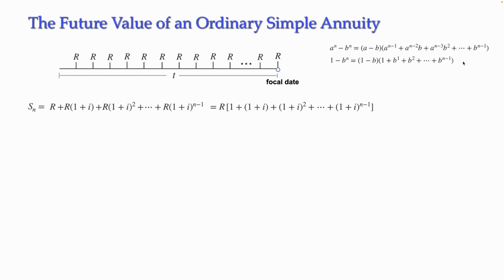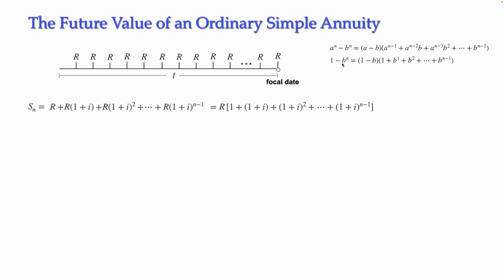See this, and you will notice that it is very similar to this. If you want to know the value of this factor that has all these powers of b, the sum of all these powers of b, you just need to divide the expression by 1 minus b. So the factor whose terms are all these powers of b will be 1 minus b to the n, divided by 1 minus b.